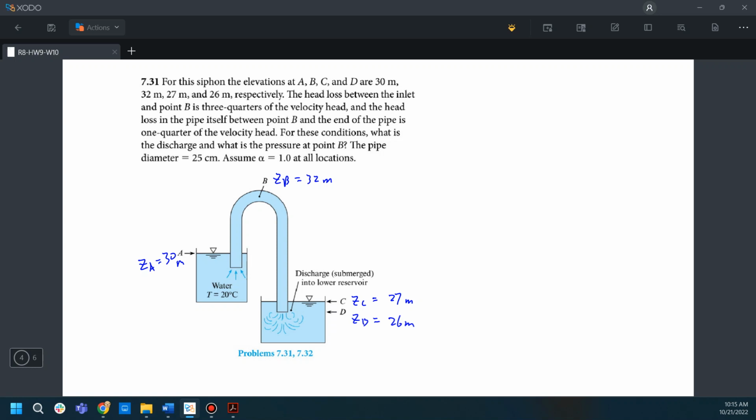And the head loss between the inlet and point B is 3/4 of the velocity head. So the head loss is equal to 3/4 of the velocity head.